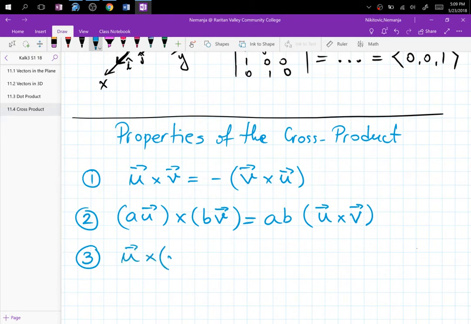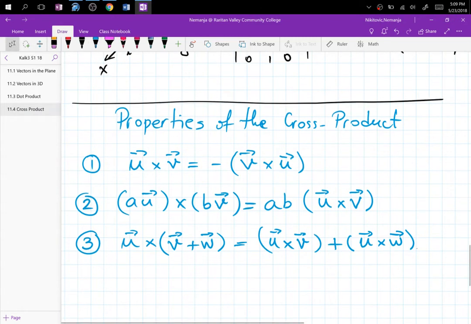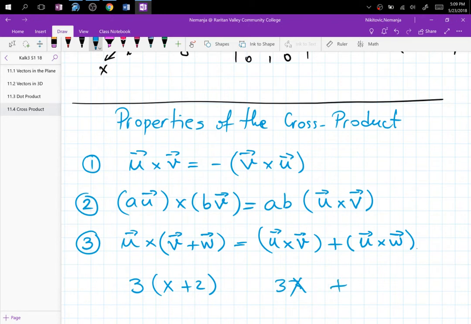u cross v plus w, that could also be minus there, is u cross v plus u cross w. Think of this as 3 times x minus 2 or x plus 2, right? You have 3x over here for multiplying the first two, and then plus 3 times 2, which is 6 for the second one.